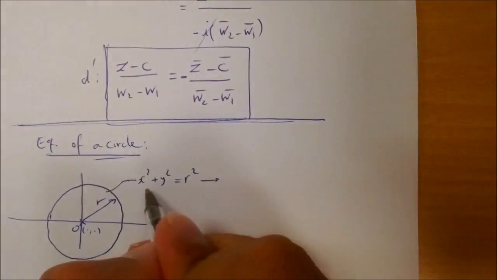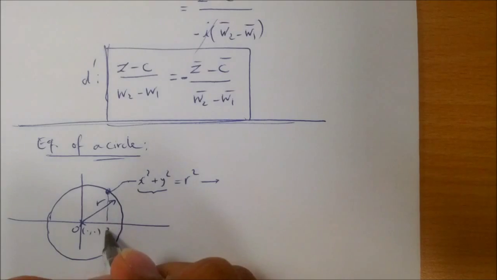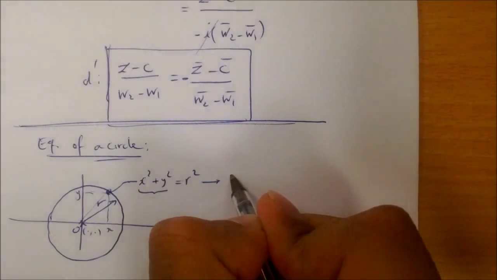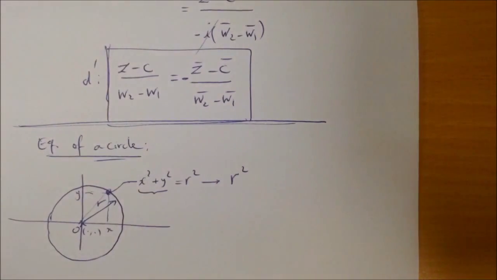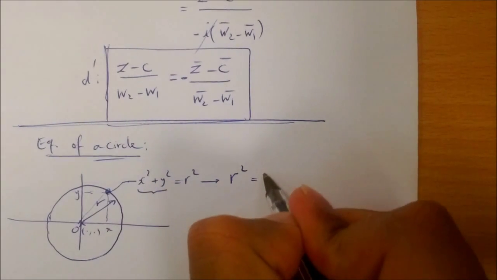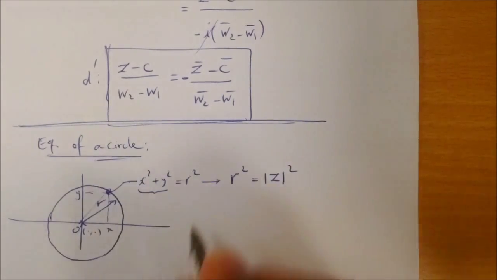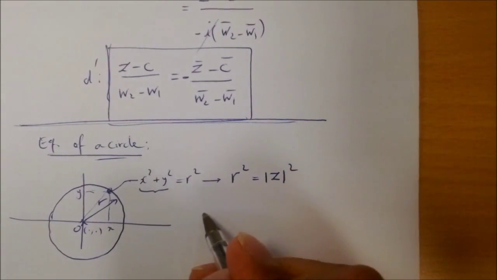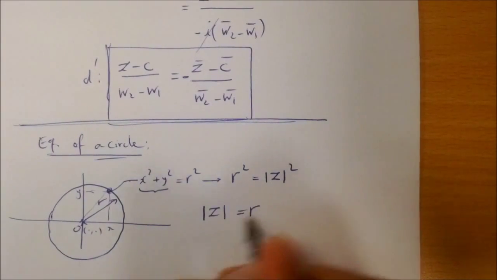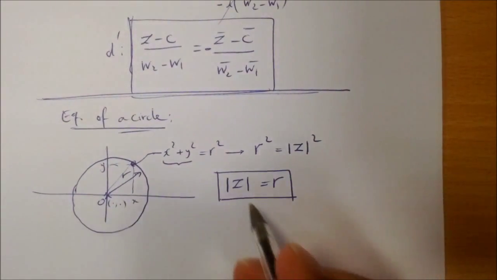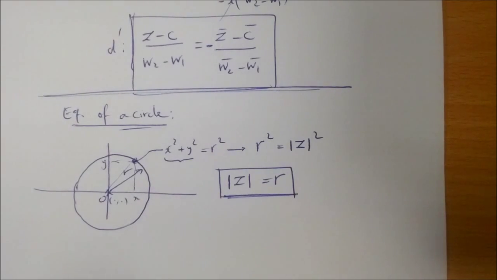In terms of the complex numbers, this, with x and y as components, is equal to R squared. And this is the norm of z squared, the modulus of z squared. So the norm of z equal to R is the equation of a circle in terms of complex numbers.